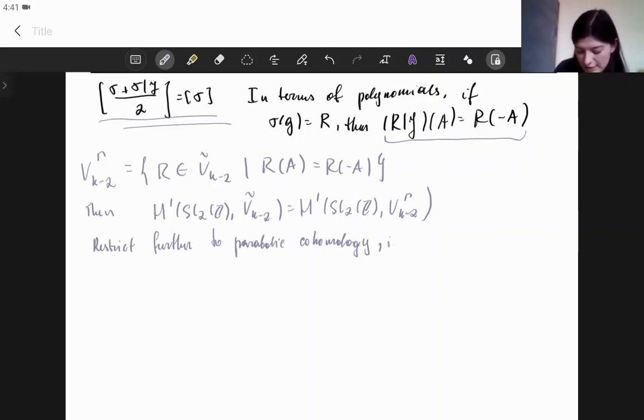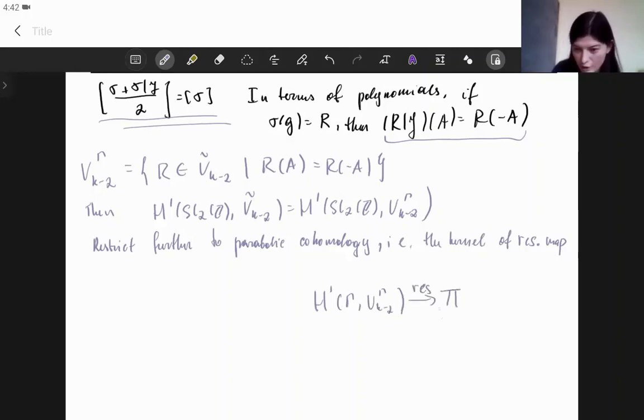In particular, it is the kernel of a restriction map. So the map itself goes from H1 of gamma, V_{k-2} gamma, into a product over cusps.